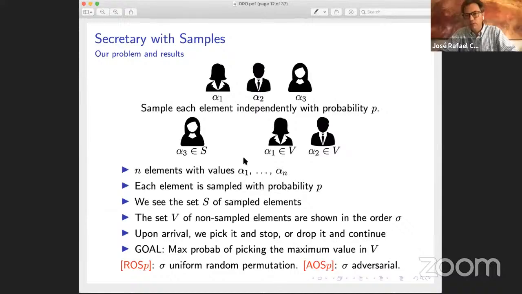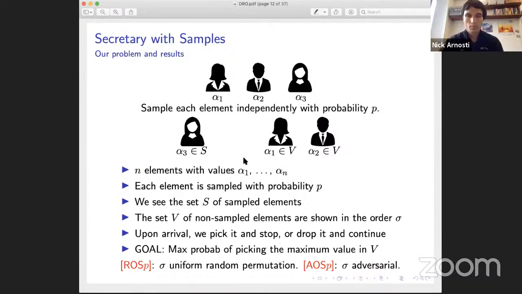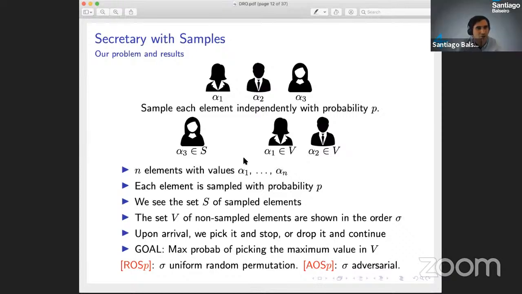Yeah, so in both cases, the sample elements are a random set, in which I look at each one with probability P. The adversary chooses the order of the set V, not of the set S. I'm commenting on the last line, you also talk about the permutation being uniform or adversarial too. Yes, exactly.